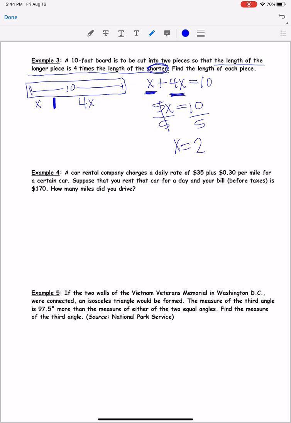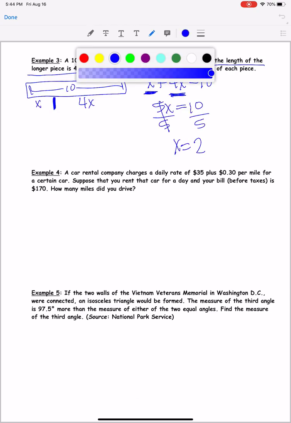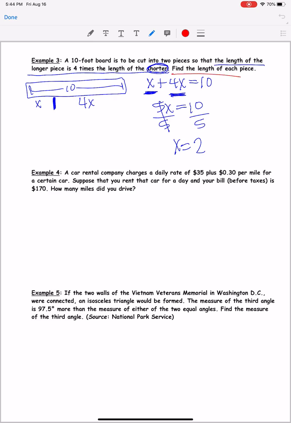Now, are we done with this problem? What did this problem ask us to find? It asked us to find the length of each piece. So you have to plug that in. So that means your short piece here is going to equal 2. 2 what? Again, word problems, so you need some units with these. So 2 feet.